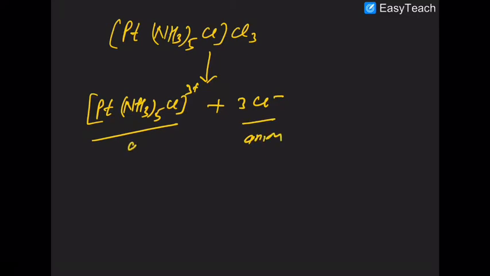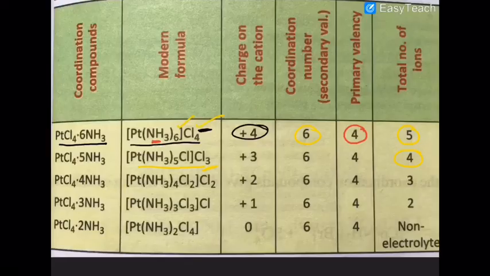The cation carries charge of +1 because you are getting 3 ions.